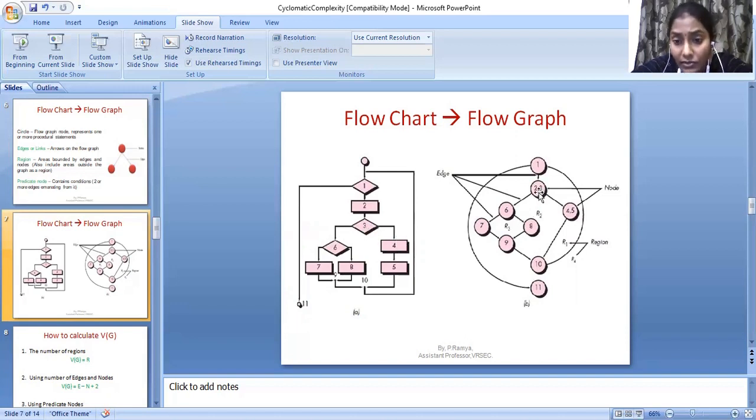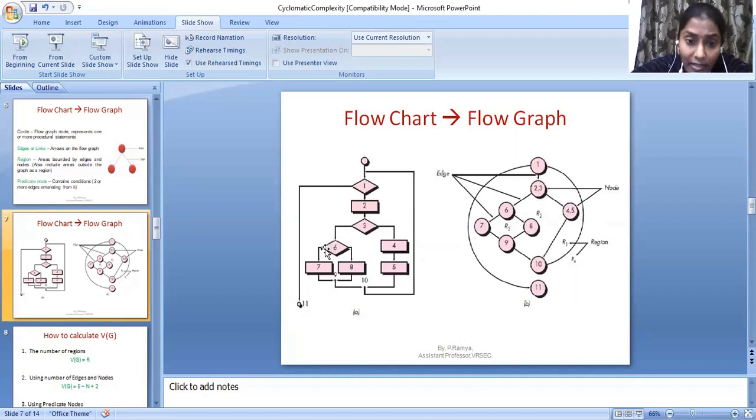If it goes to 4, then 4 and 5 are again a sequence, so they are grouped together. So 4 and 5 will be in the same circular node.